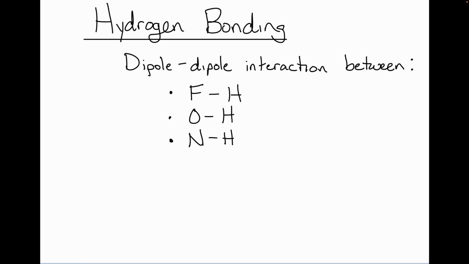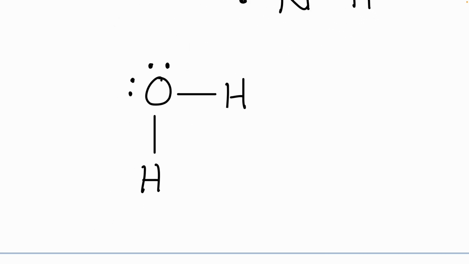So let's just draw a compound that illustrates hydrogen bonding here. A great, easy example is water, because water has those oxygen-hydrogen bonds. If I look at this molecule and I put in those partial charges, where should I put my partial negative charge?